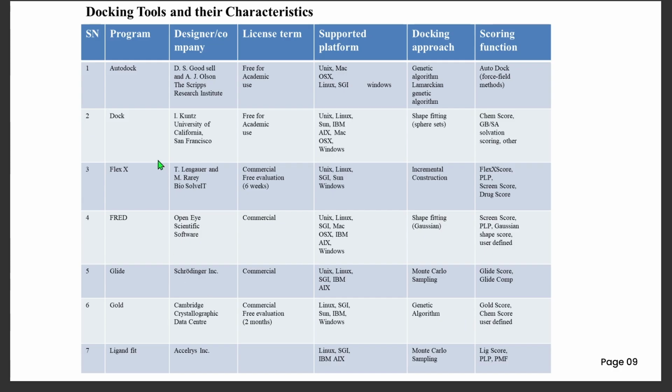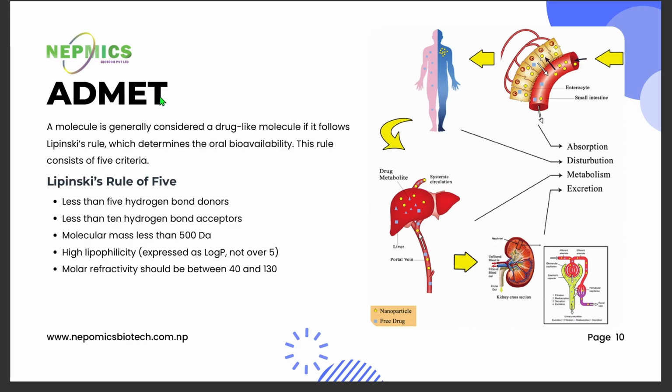The most used tool is AutoDock Vina, or AutoDock, whatever we call it. AutoDock and AutoDock Tools, and AutoDock Vina are different things. AutoDock has maybe version 4 or something like that, and AutoDock Vina is a better tool than AutoDock Tools.